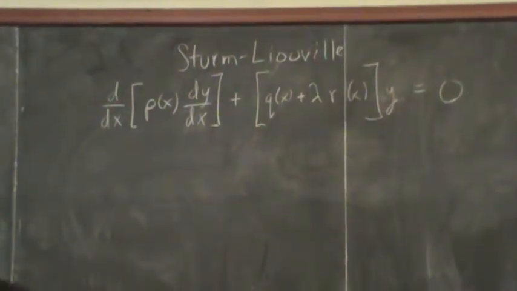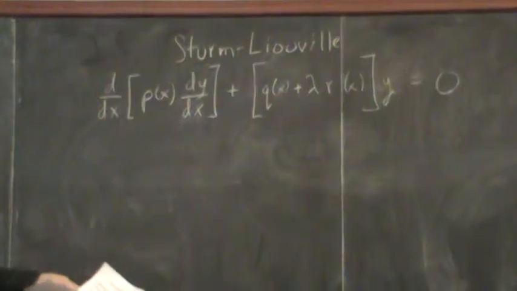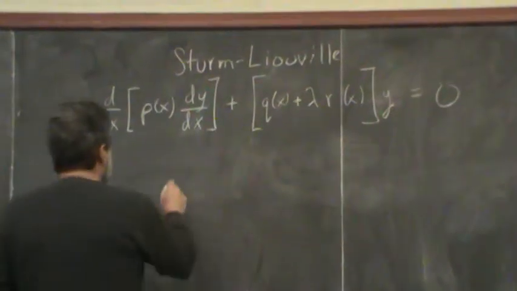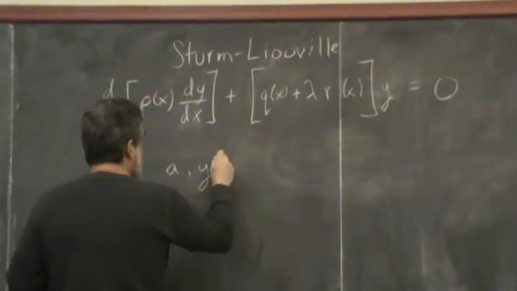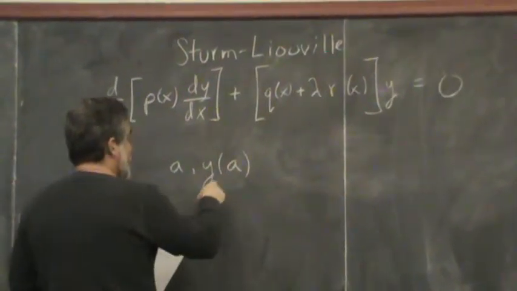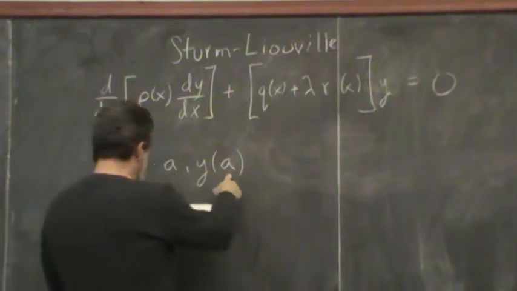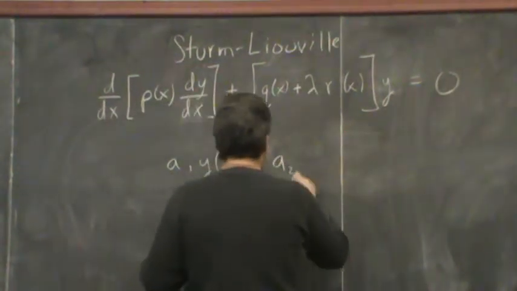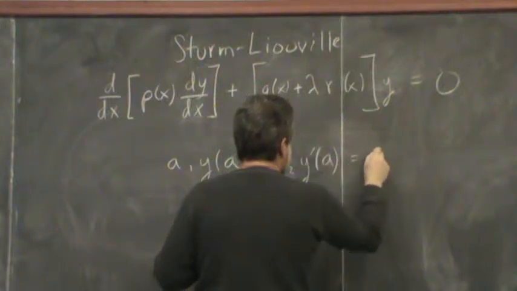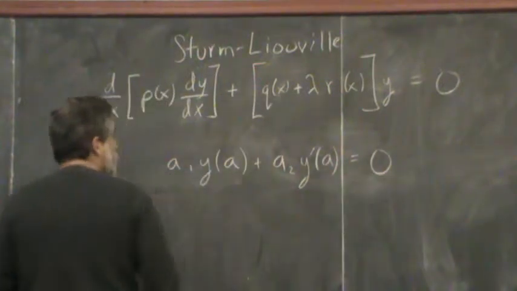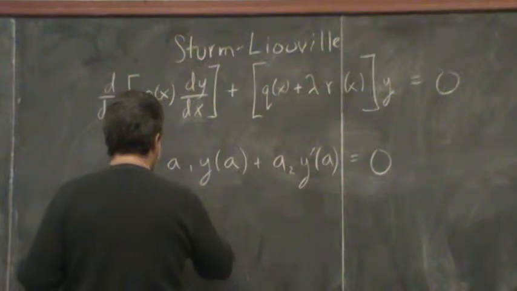We need a set of boundary conditions in order to define the problem. Right? And so, with a boundary condition, A1, some constant, times y at some position plus a constant A2 times y prime at that position. That's one set of boundary conditions.